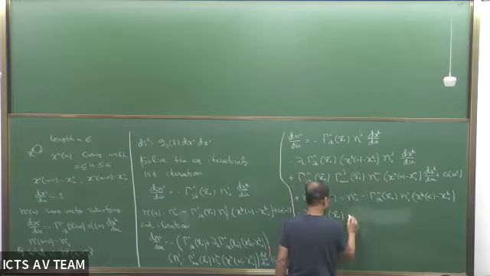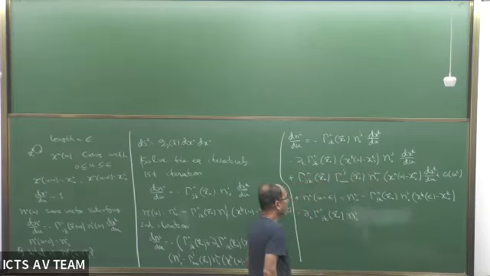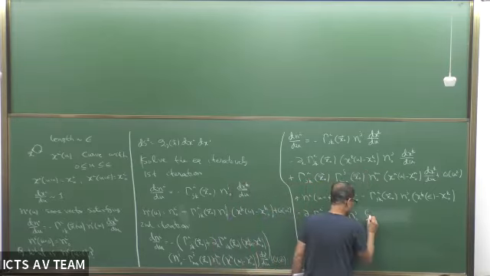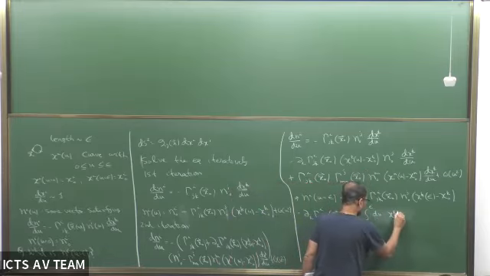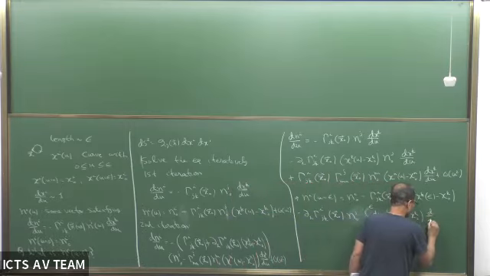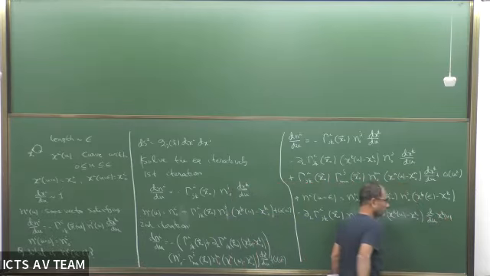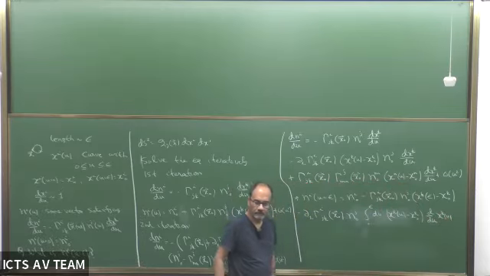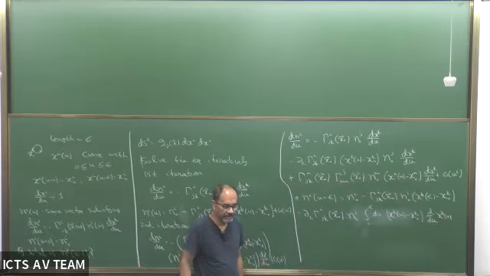These are u independent. So these I take out and then I write integral 0 to epsilon du. That's the second term.